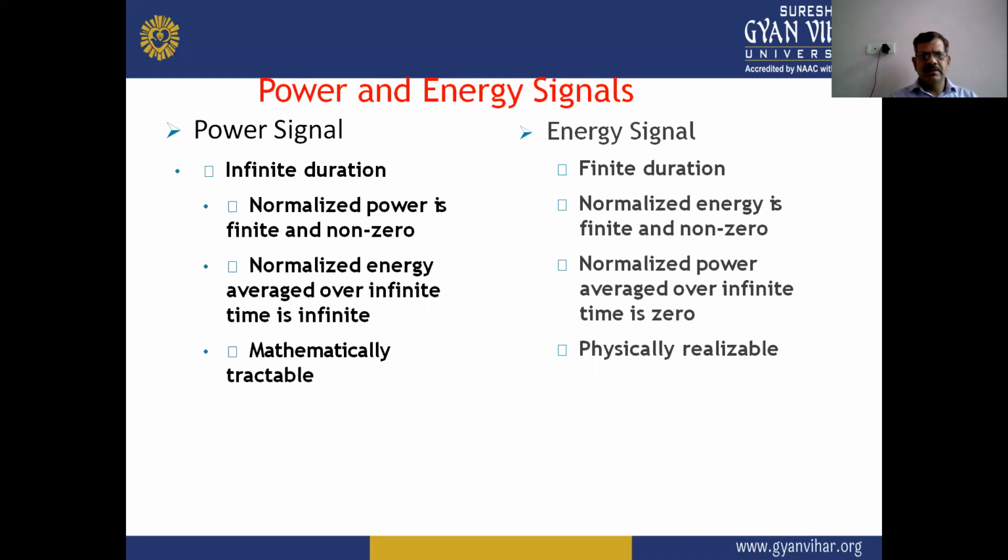Energy signals have finite duration, and normalized energy is finite and non-zero. For energy signals, normalized power averaged over infinite time is zero, and an energy signal is physically realizable.